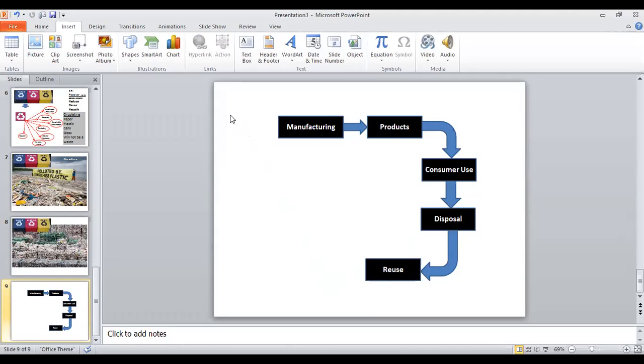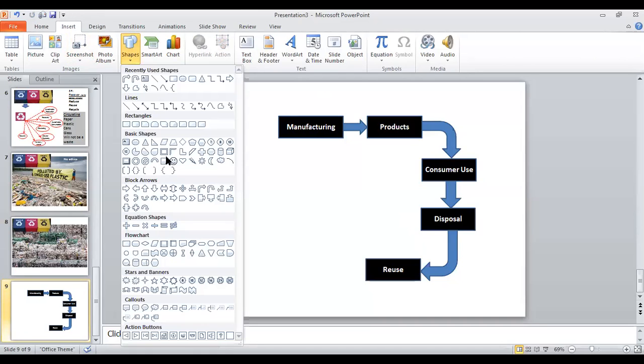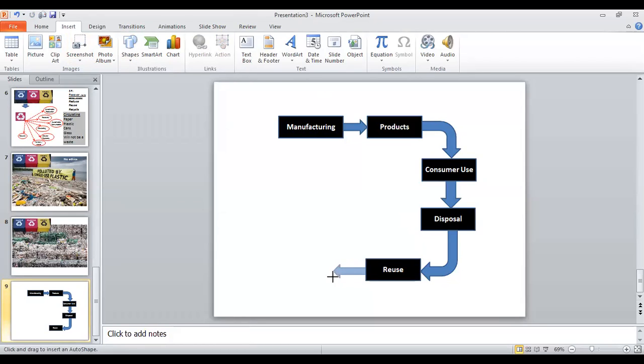So after reusing, then what would be the next step? Here you can go for recovery of raw material.